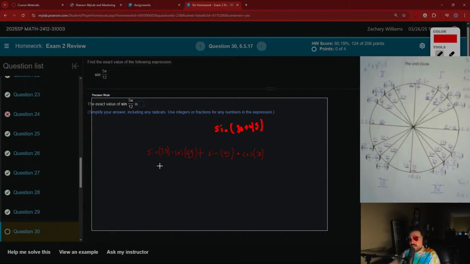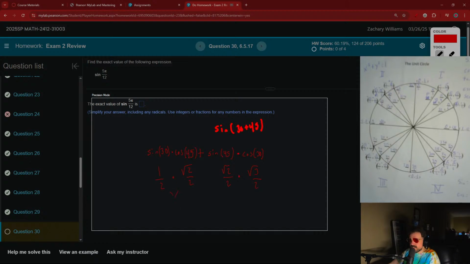Okay, so we want all the things of 45 degrees or square root of 2 over 2. Cosine of 30 is square root of 3 over 2. So I'm pretty sure it's the exact same answer we just got.